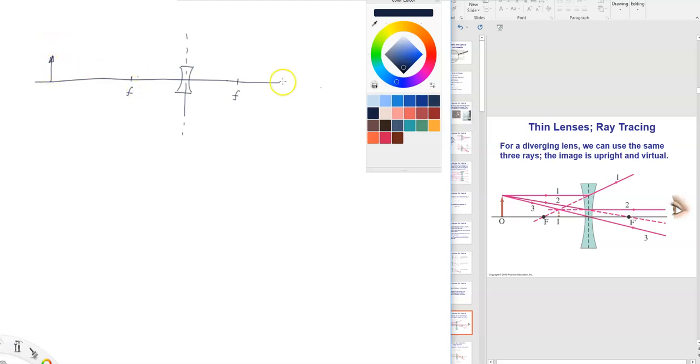Object. Okay. Light comes in, diverges, goes away from the principal axis, appearing as light coming from a point over here.